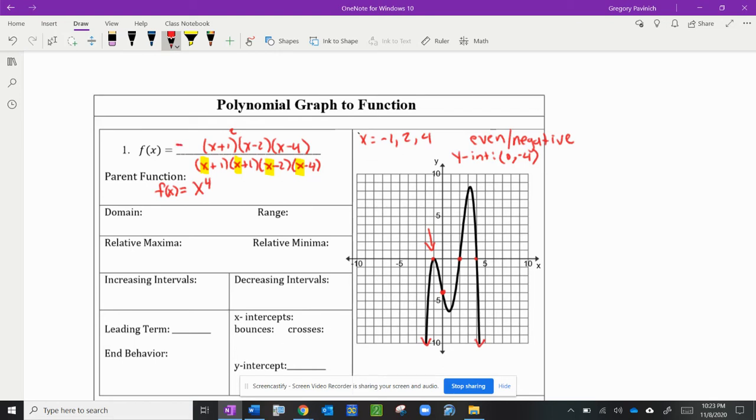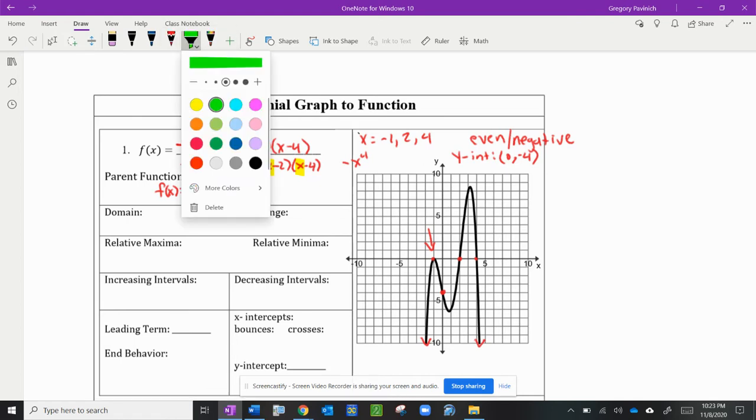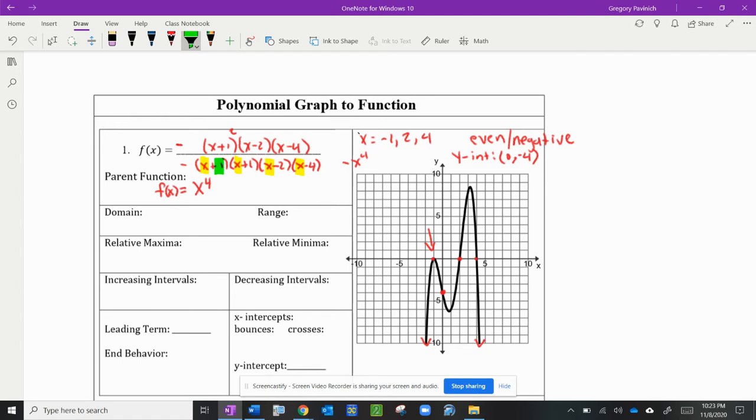By multiplying all my firsts together, I get my leading term. So right now, with that negative added to it, I have negative x to the fourth. The last thing I need to check is that my y-intercept comes out correct. My y-intercept is what I get if I multiply all of my constants together. If I multiplied all four of these terms out, that would take me a while.